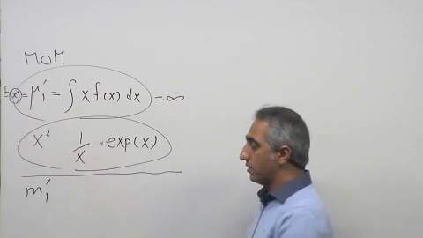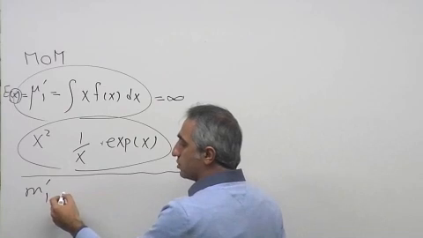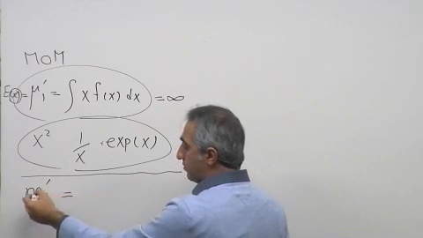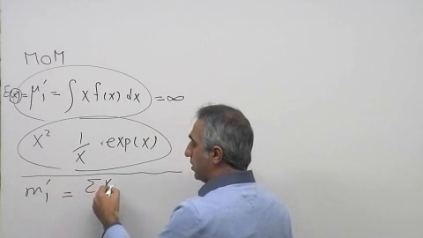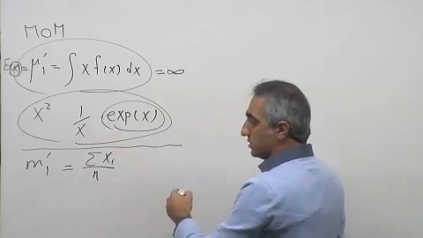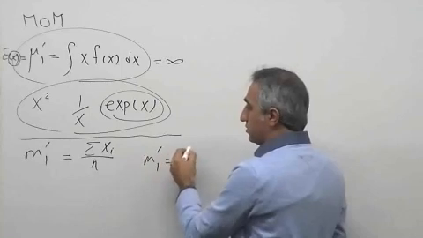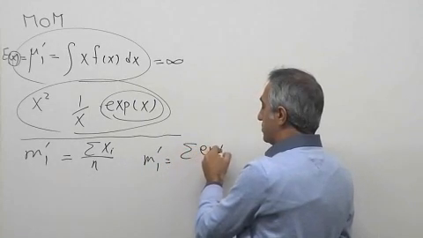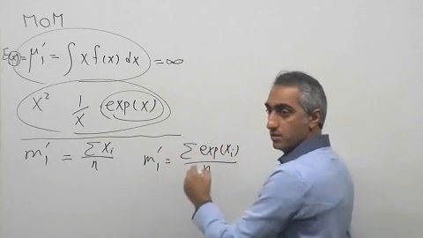For example, if you are using exponential of x, we know that m prime 1 is the summation of xi divided by n. If I use exponential of x instead, then it should be the summation of exponential of xi divided by n.